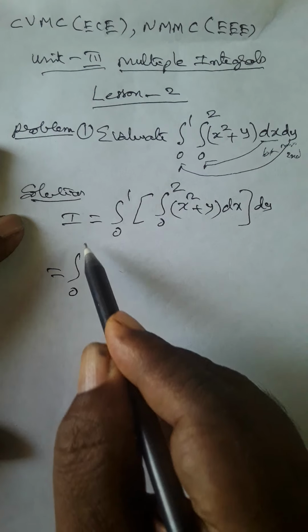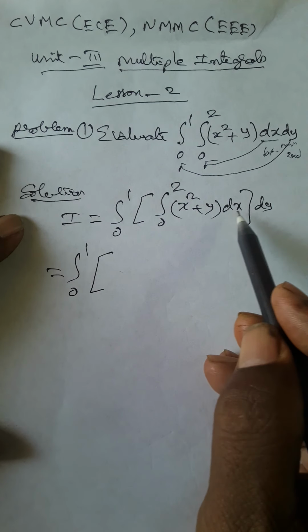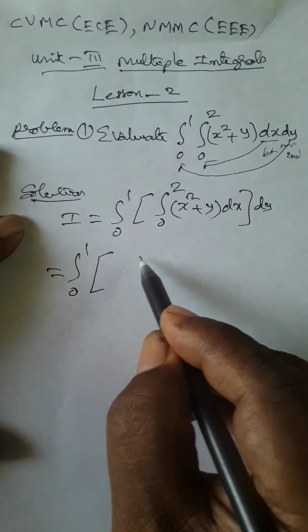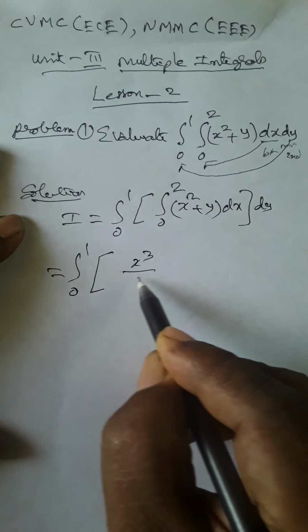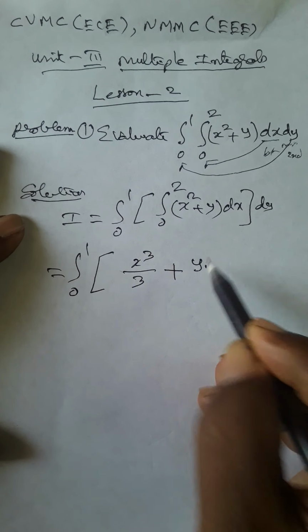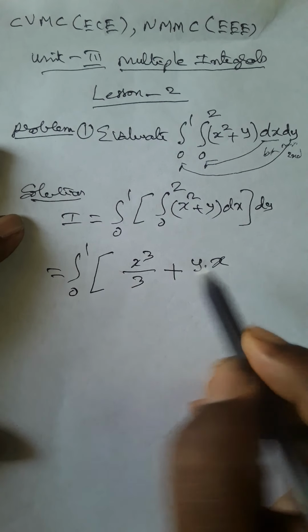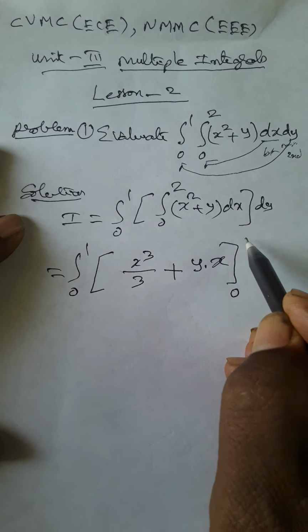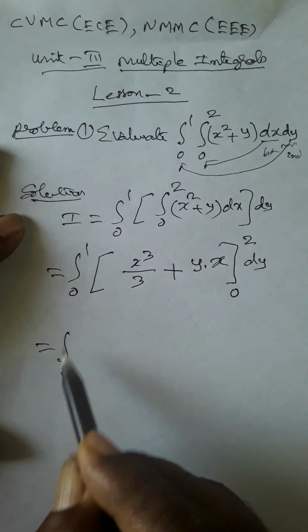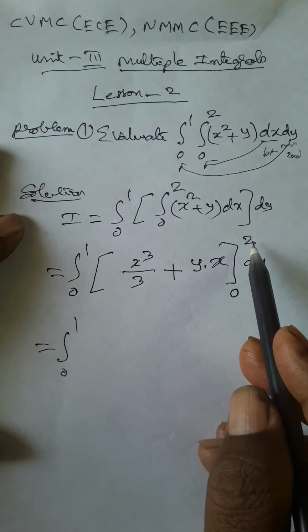Integral 0 to 1, integration with respect to x: x square integration is x cube by 3, plus y constant, integral dx is x, 0 to 2, dy. First substitute the upper limit.